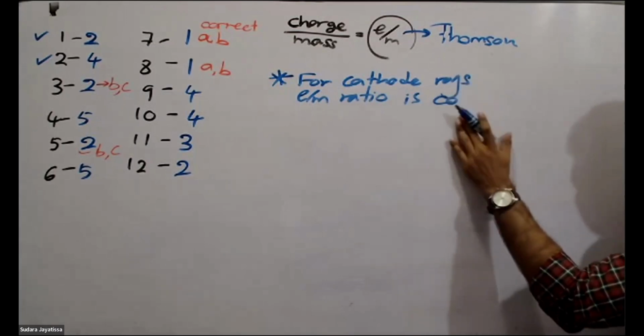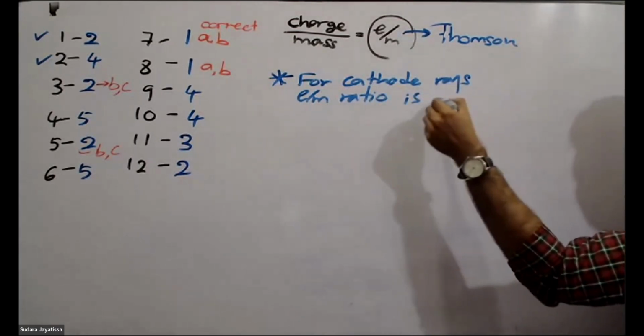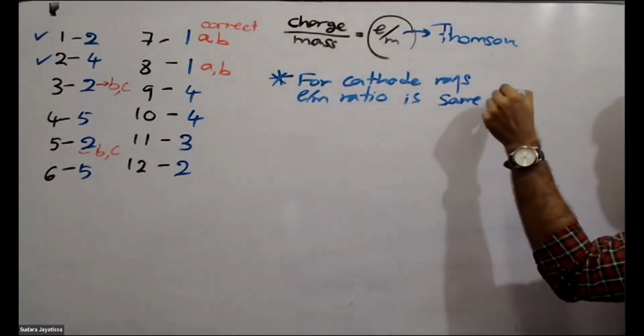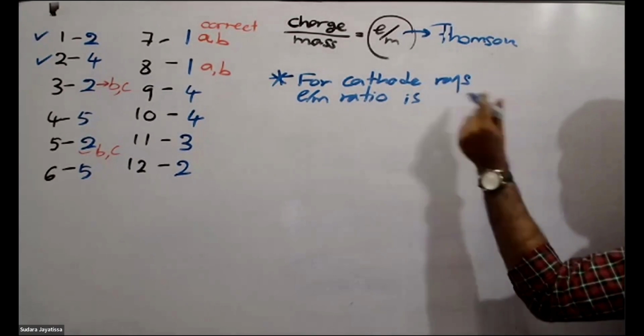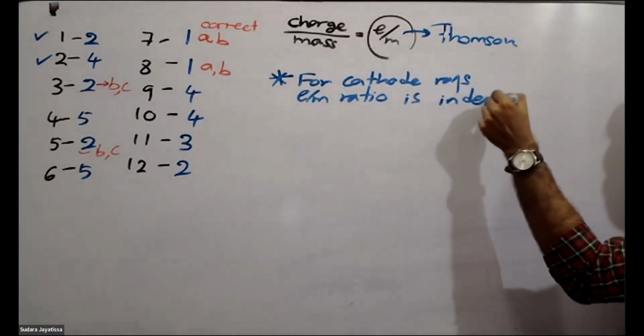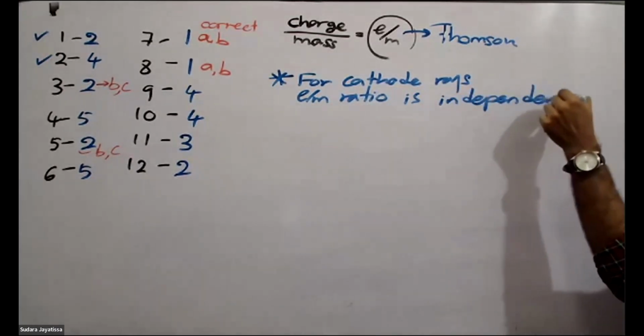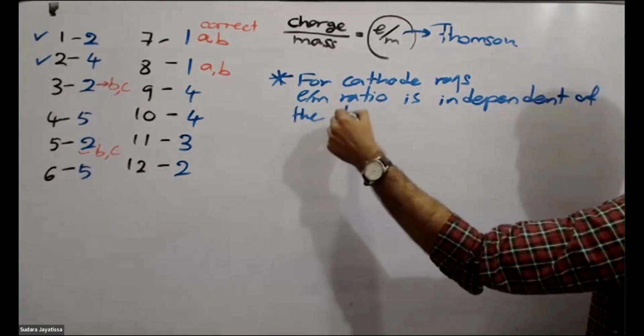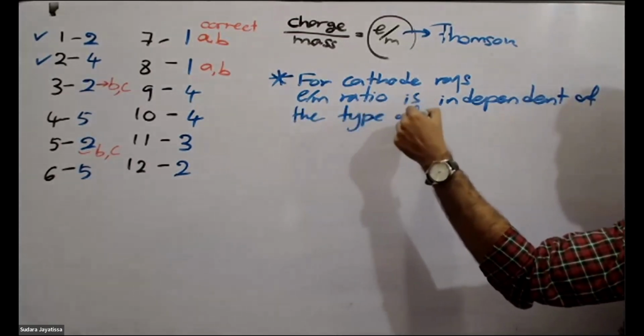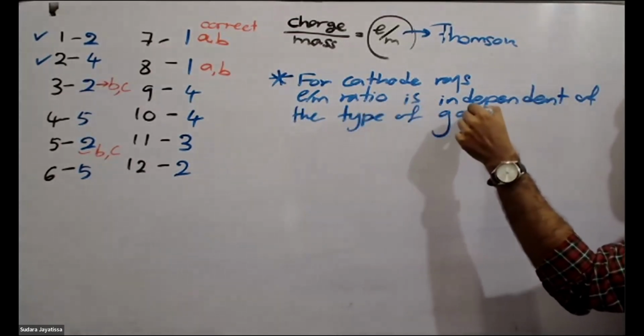For cathode rays, the E over M ratio is the same, or you can say the E over M ratio is independent of the type of gas and type of cathode.